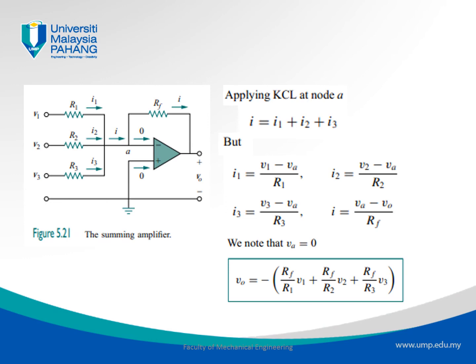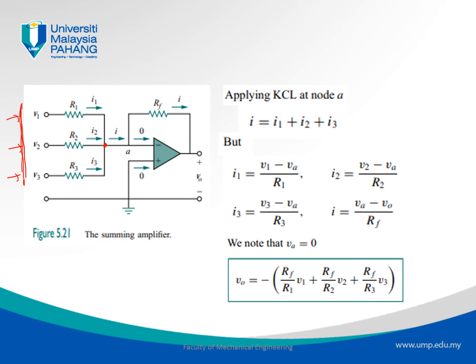Basically, we have 3 input voltages, which we call V1, V2, and V3. Let's imagine that we put V1, V2, and V3 in parallel, and they are all connected at this node.